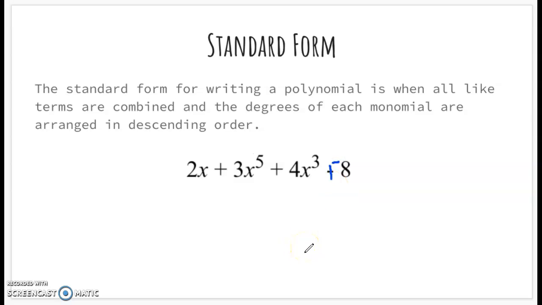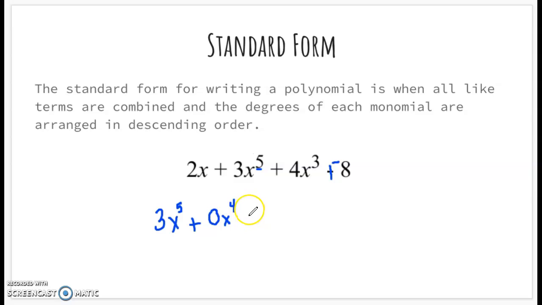Now that I have all addition between my terms, I can rearrange them to put them into exponents that are in descending order. My highest exponent is a 5. So I'm going to rewrite this as 3x to the 5th power. Then I need to write a term to the 4th power. Descending order means that I start with an exponent of 5 and count down 5, 4, 3, 2, 1, 0, or none. I don't see a 4th power in my current polynomial, so I'm going to fill in a 0x to the 4th.